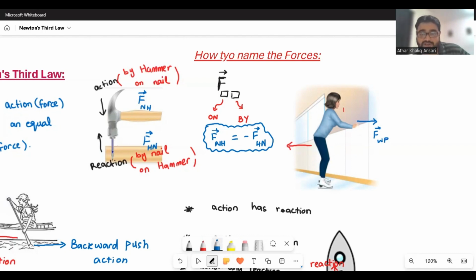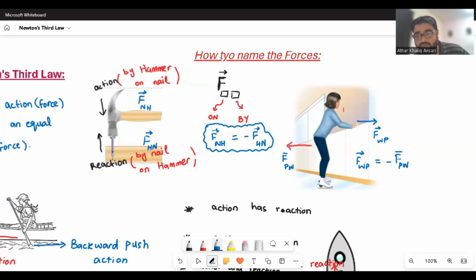And as a reaction, I can say force by the wall on the person. So force on the person, I choose P first, and then by the wall, W. Mathematically, the force of action from the person on the wall, F_WP, is equal but opposite to the reaction of the wall on the person.